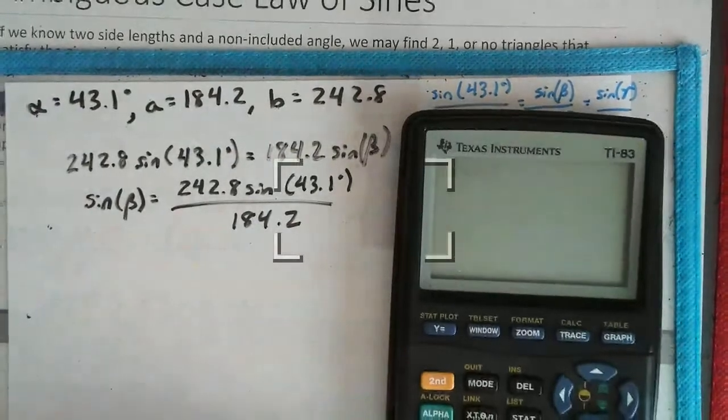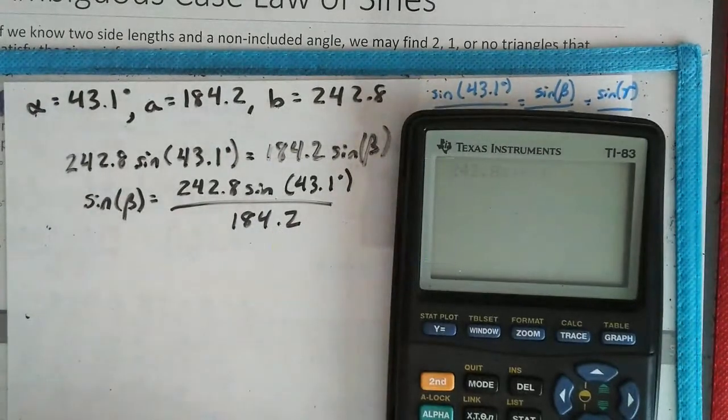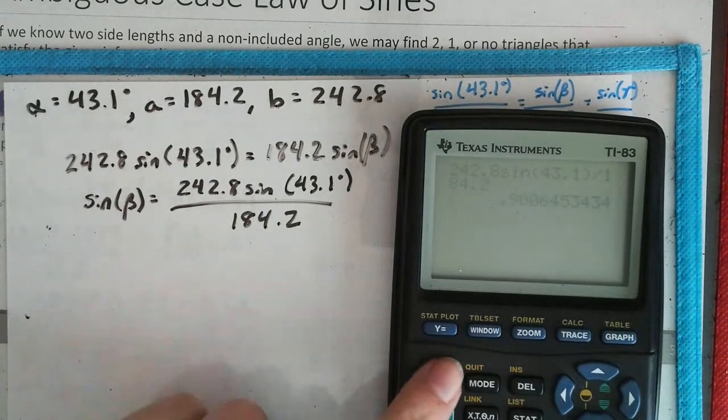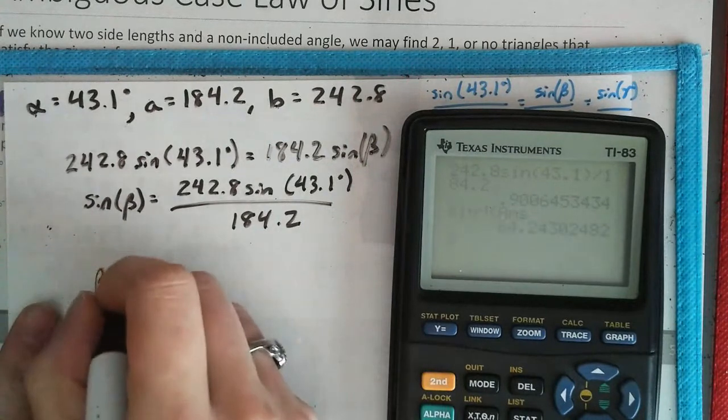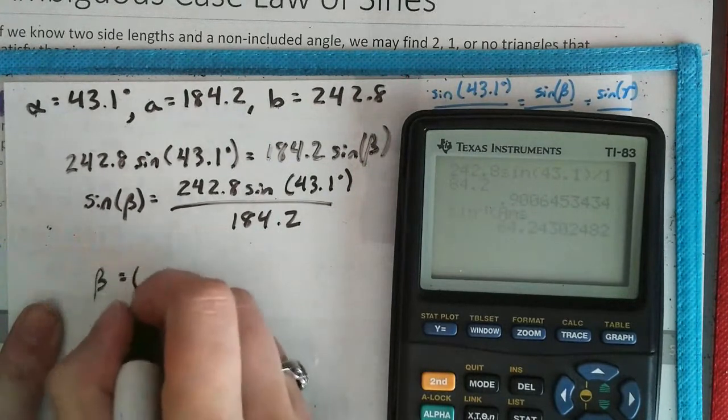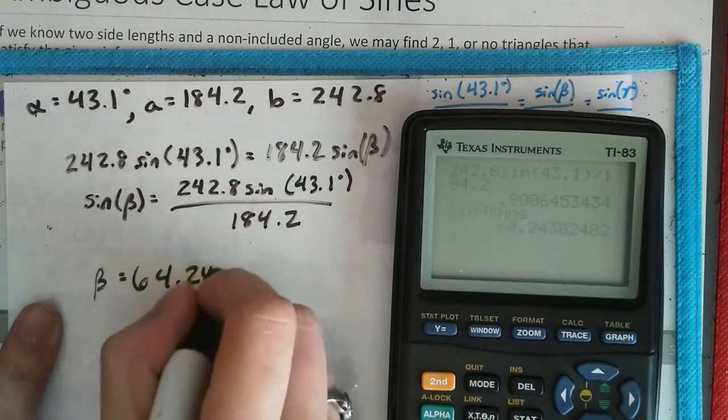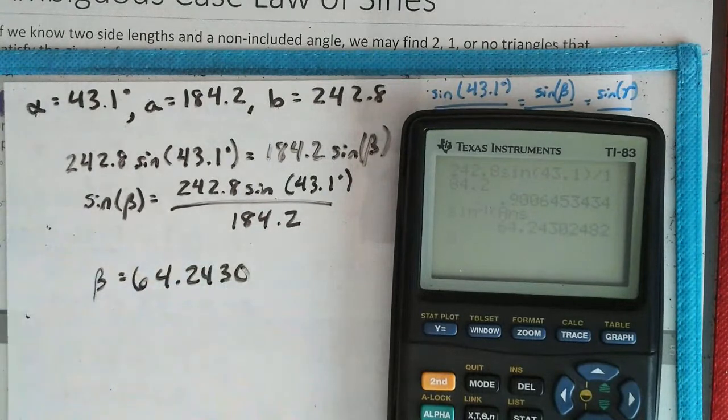So 242.8 sine of 43.1 divided by 184.2, and then inverse sine that, and we get that beta is equal to 64.2430.